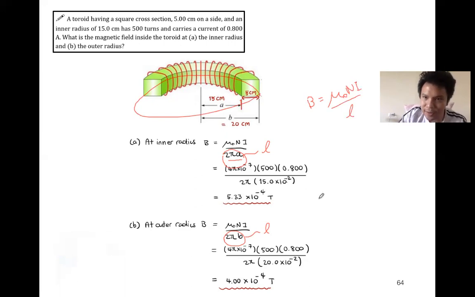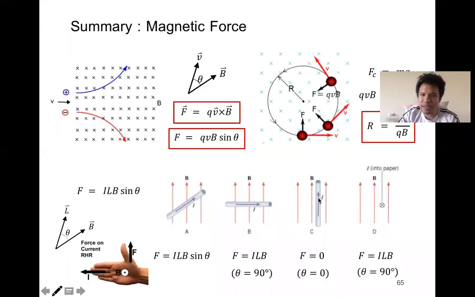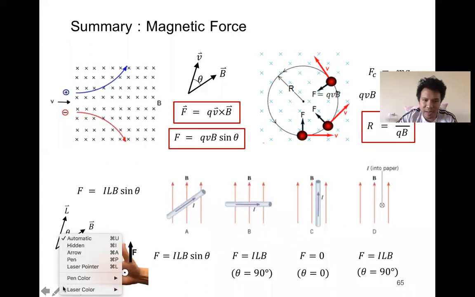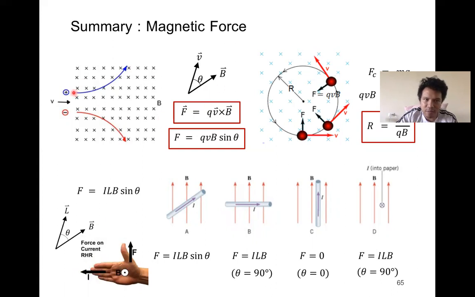and then we can calculate the magnetic field for both cases. Okay. So in summary, here is what we have from learning about magnetic force. When a charged particle is moving in a magnetic field, it will experience a force of QV cross B, and we learned how to use the right hand rule to determine the direction. The magnitude depends on the charge, the speed, the magnetic field, and also on the angle.